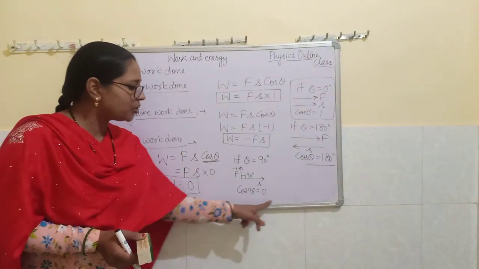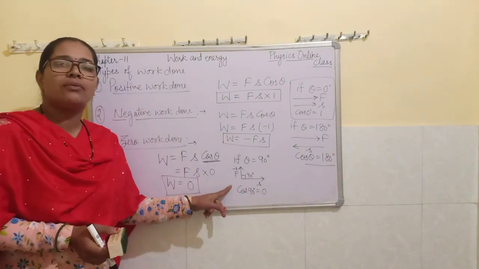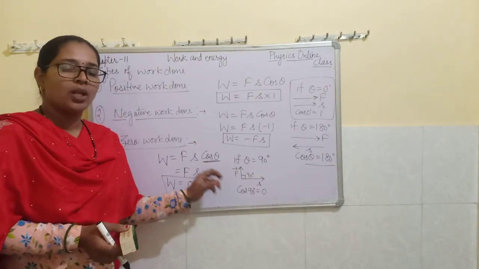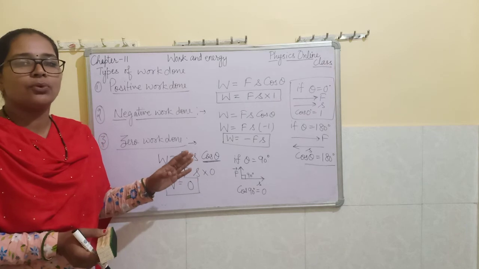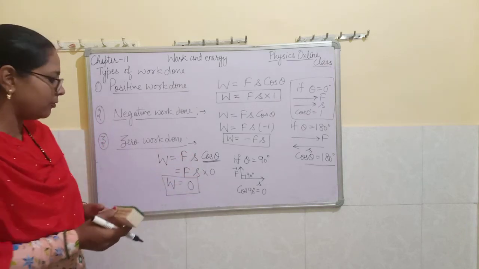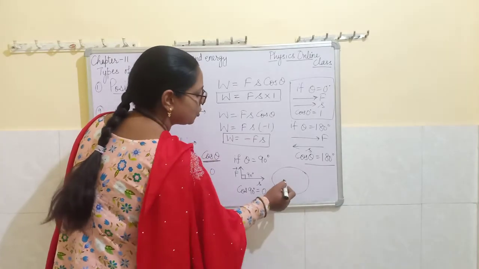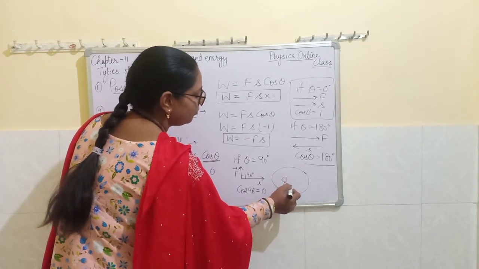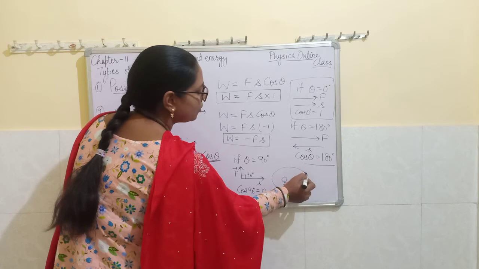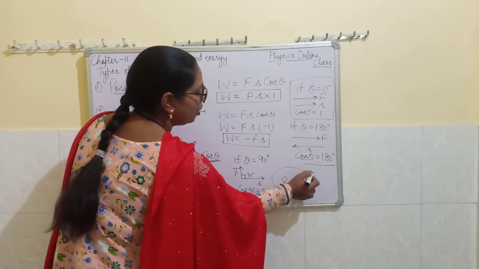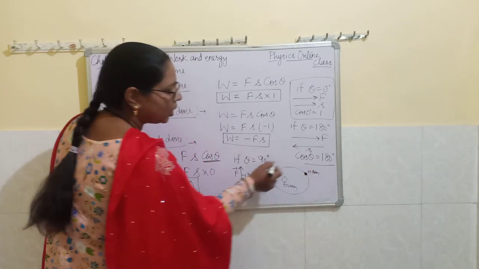And the example for this condition is gravitational force. Whenever the gravitational force acts as a centripetal force, as we have studied in 9th chapter, suppose this is Earth and Moon is revolving around it due to gravitational pull of Earth.